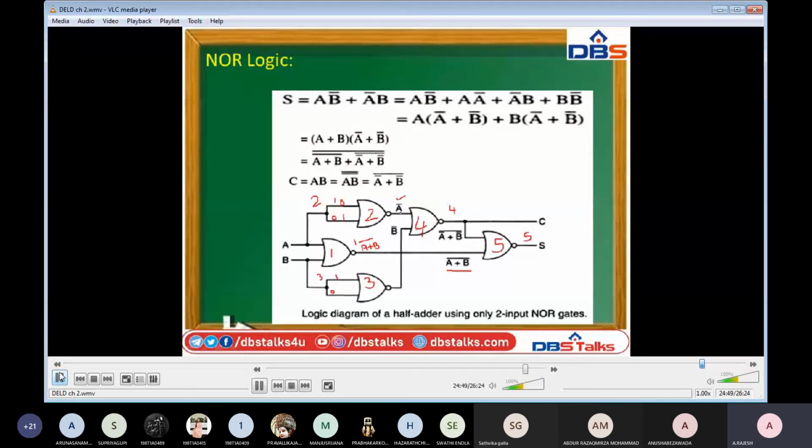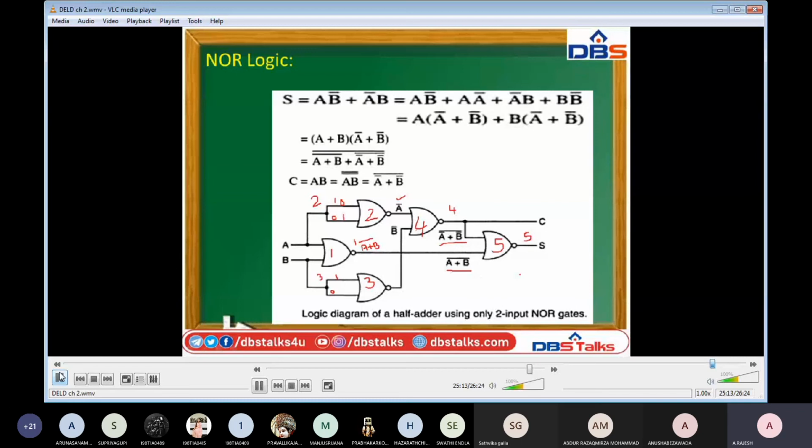The output of this NOR gate will be A complement plus B complement whole complement. This output along with the output of 1 is given as input to the fifth NOR gate.